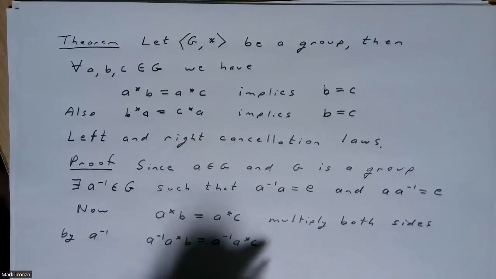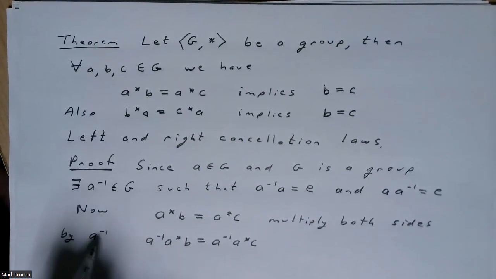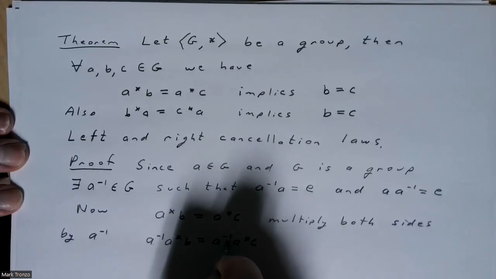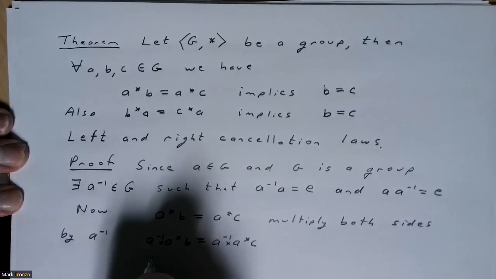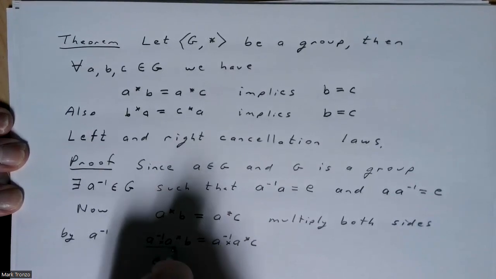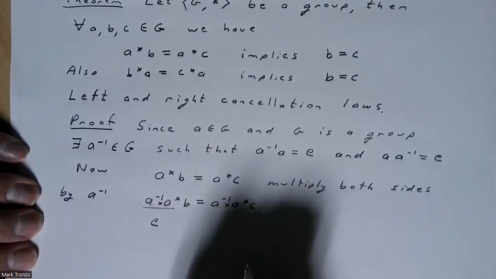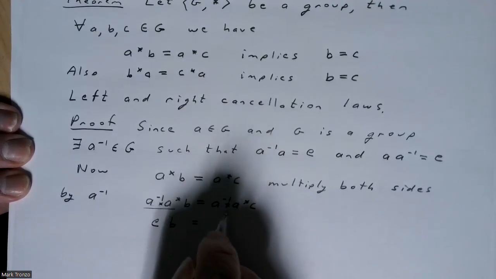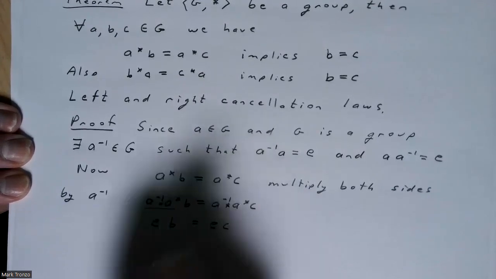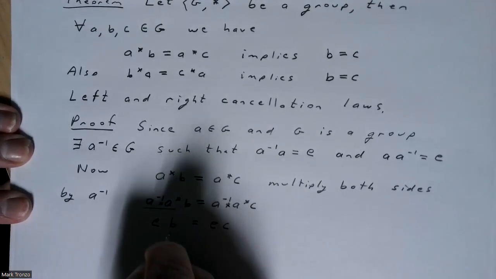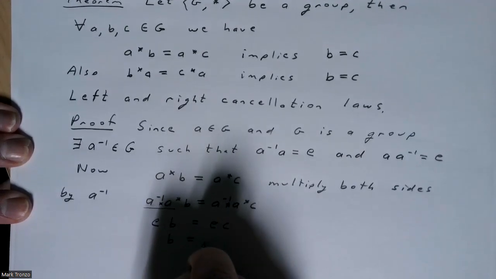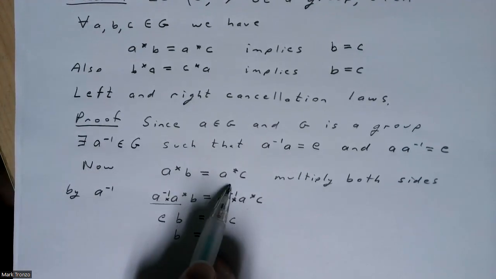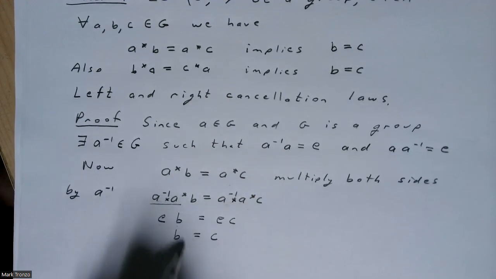Sometimes I leave the star out, but the inverse times A will be the identity, so we get the identity times B, and over here as well, the identity times C. The identity times B gives you B, the identity times C gives you C. So we started out with this, multiplied both sides by the inverse, and that gives us this.